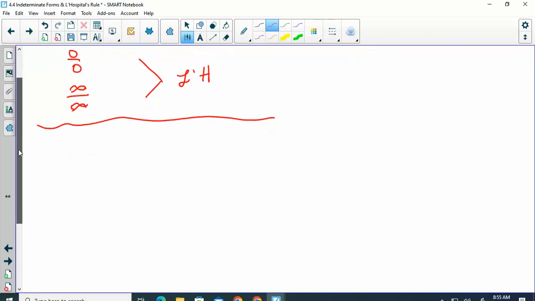But yesterday you realized those are not the only indeterminate forms. Indeterminate forms are basically anything that we look at and we can't decide what that limit's going to approach. So if you have 0 times infinity, okay, we know 0 times anything is 0, but infinity times a number is infinity.